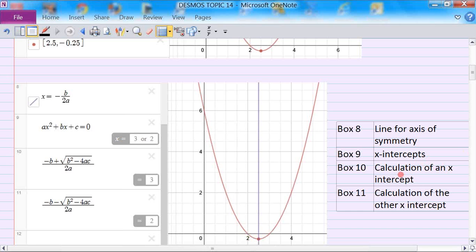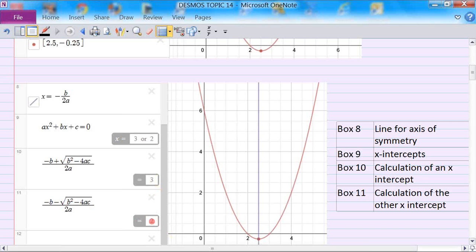We can actually calculate one of the intercepts by putting minus b plus or minus the square root of b squared minus 4ac, over 2a. That gives us one value of x, and we change this plus to a minus here, and we get the other one.